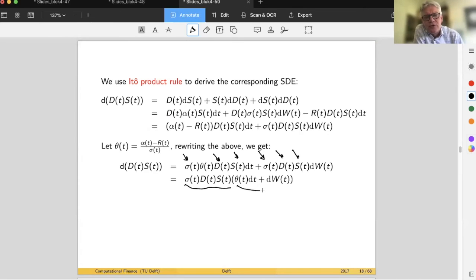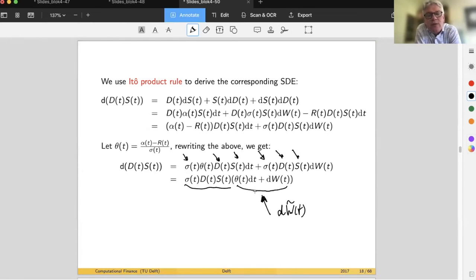That term may also look familiar to you, because from the previous lecture, that was the dW tilde_t term that we had defined in our lecture on the Girsanov Theorem, as a Brownian motion under the P tilde measure.